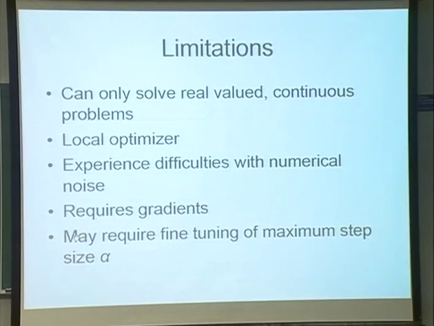And it also requires fine-tuning of the maximum step size and the rate that it shrinks at. So for some of the problems that we did, we found that it will not converge unless you play around with the maximum step size in fmincon. So that's just something to remember if you ever have problems with the algorithm.